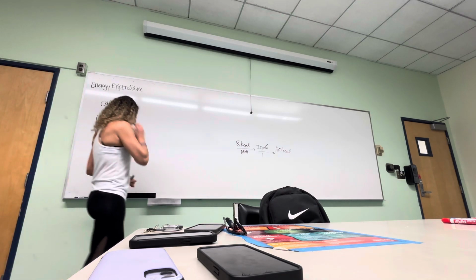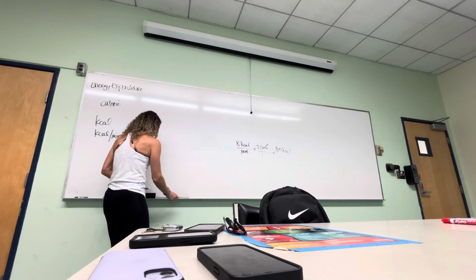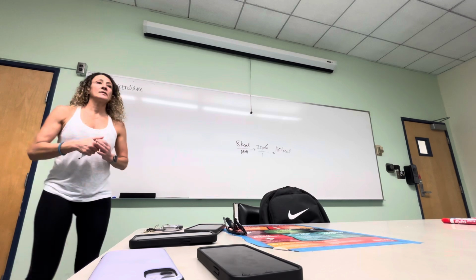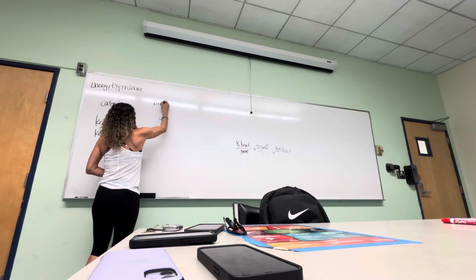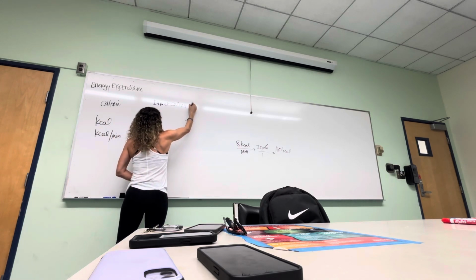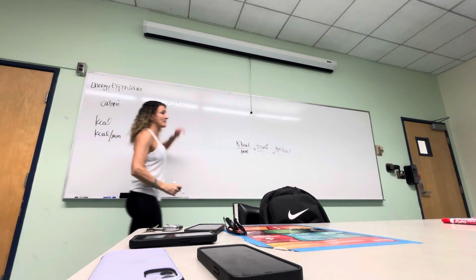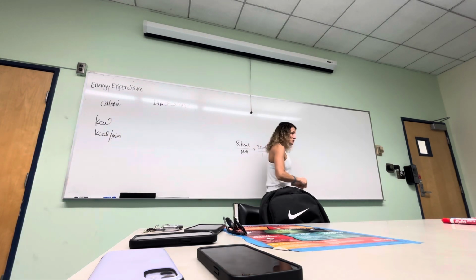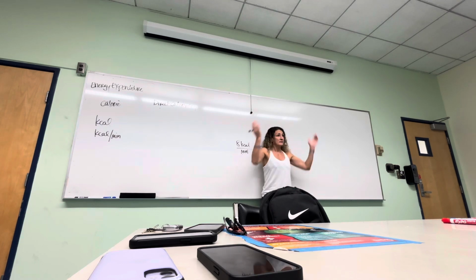Okay? So, to measure this, one way to do it is through direct calorimetry. So, direct calorimetry, we're directly measuring calories, we're directly measuring heat production in your body. So, you know, when you're exercising, you give off heat. Your body's producing heat.